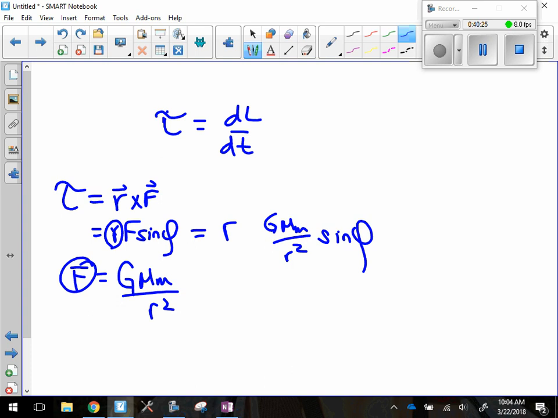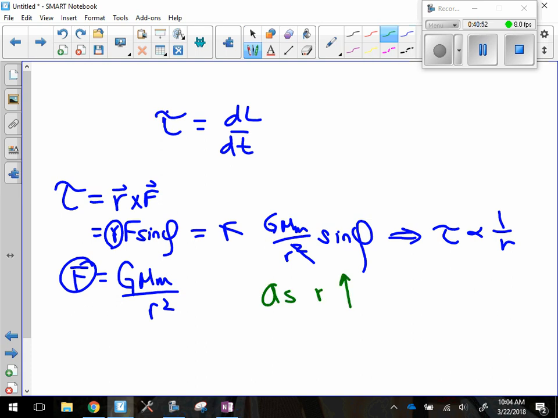Nobody does. It doesn't matter. Then that r is going to cancel with one of those r's, and that means that I can say that tau is proportional to 1 over r.